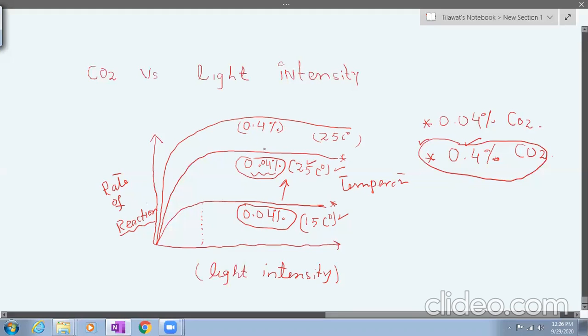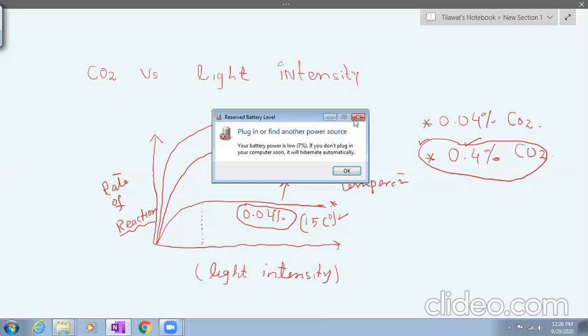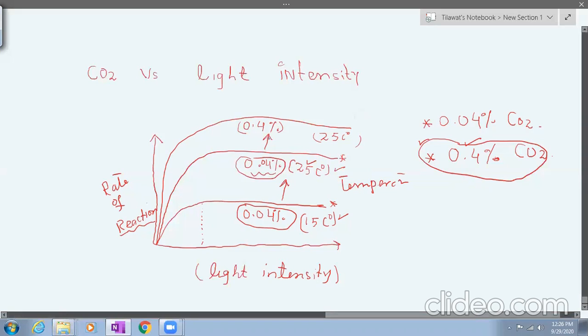Why? Because of increasing carbon dioxide. So in this place the rate limiting factor was carbon dioxide. That's why it becomes flat.